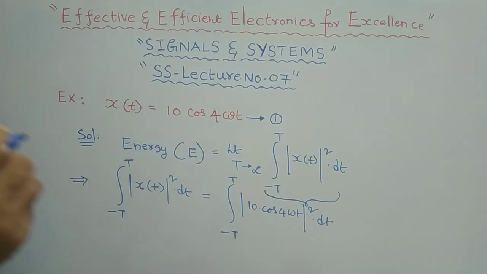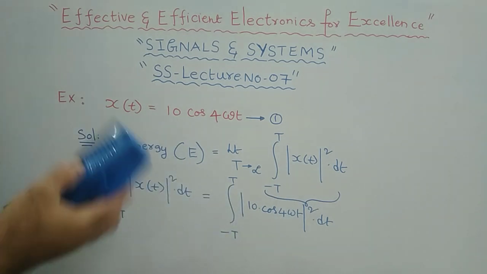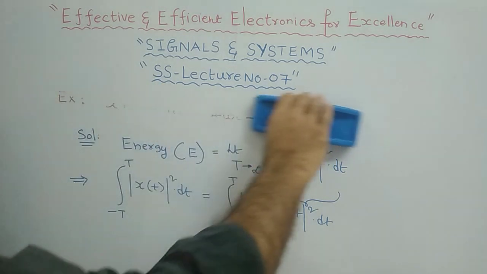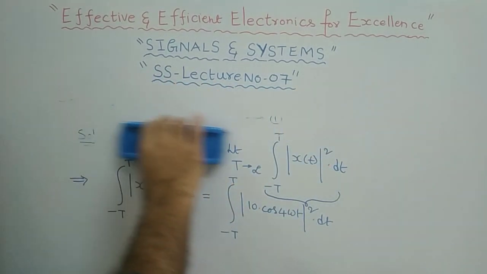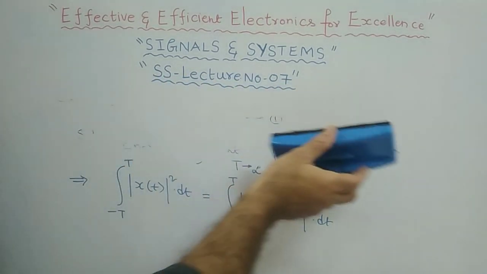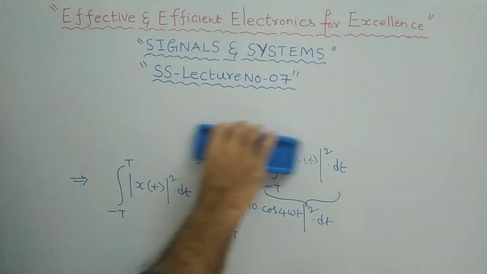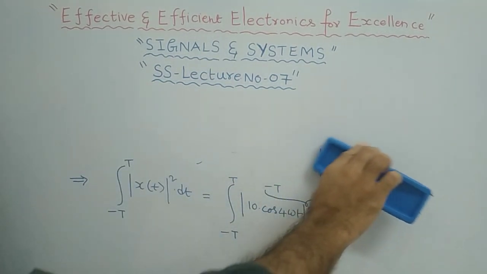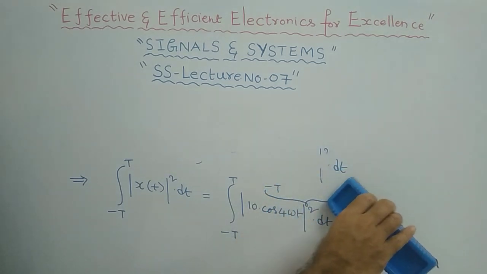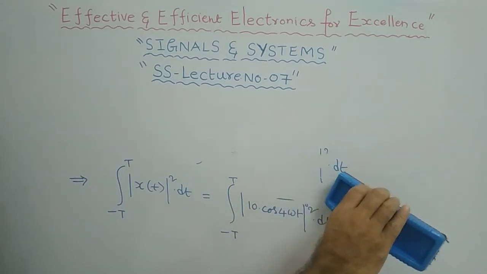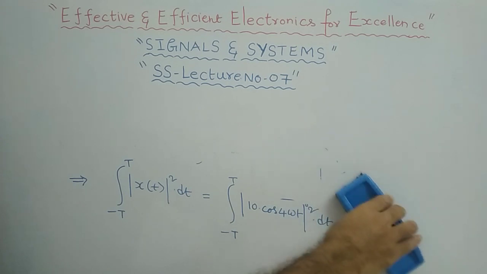Apply simple mathematical simplification and get its value. Let us calculate the integral value of this and obtain what the value of E could be for this signal.